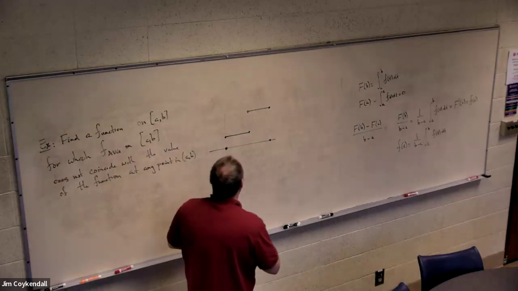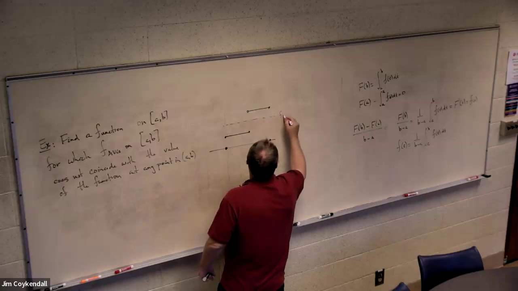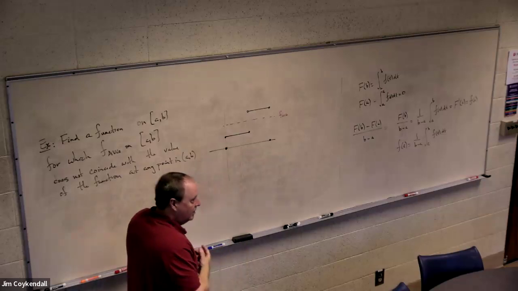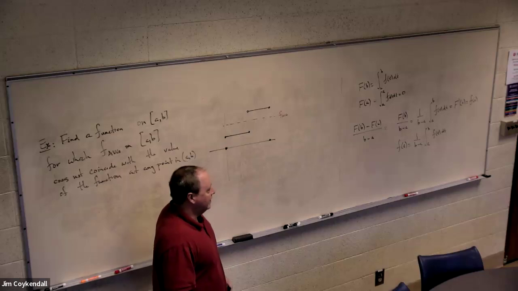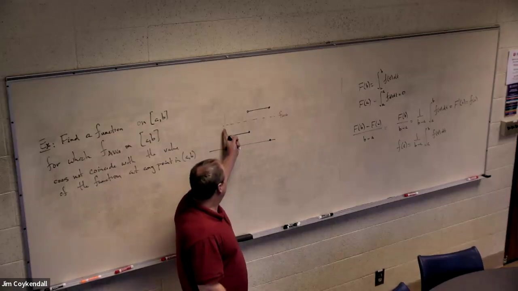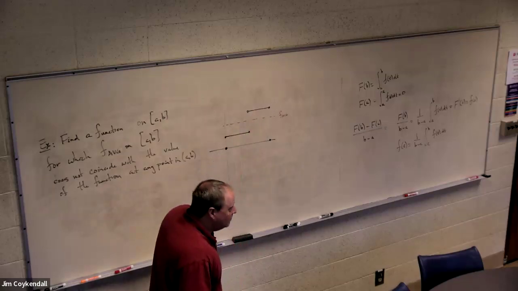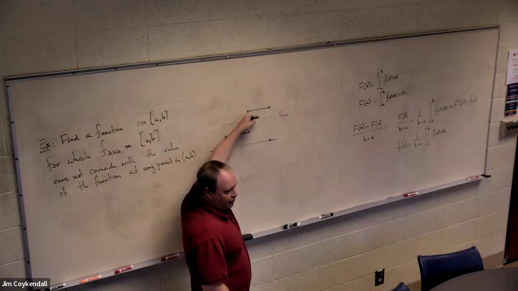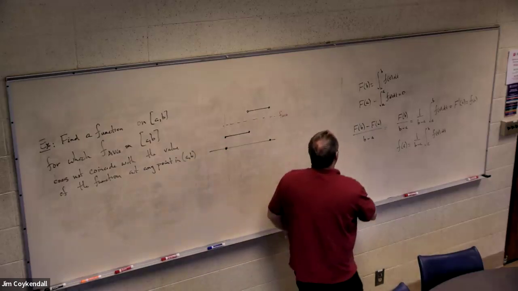I would think somewhere between these. Is there any value of the function that's equal to the average value? No, because that line does not intersect the function anywhere. Right? How did I cheat? By making it jump, right? So you do need continuity.